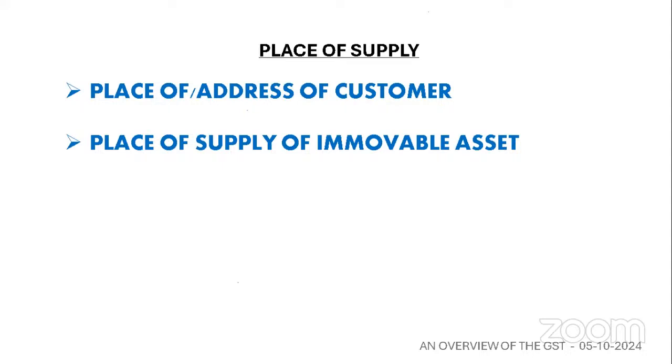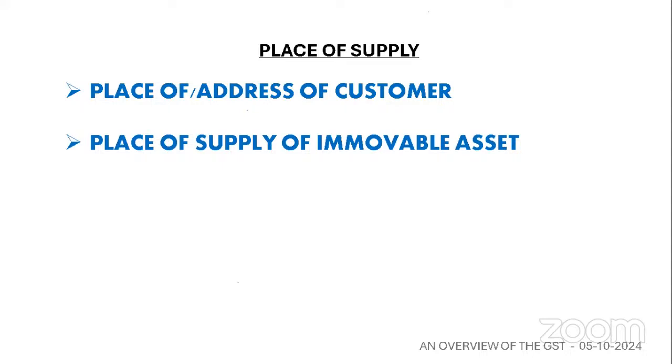So the supplier of services is in Mysore, the recipient of services is in Rajasthan, and the event is happening in the immovable property situated in Chennai. Now, the place of supply is Chennai, and under the GST law, the place of supplier is also deemed to be Chennai. In the case of immovable property, both the place of supply and the place of supplier are Chennai only. Even though I am sitting in Mysore, that will not be recognized as the place of the supplier.